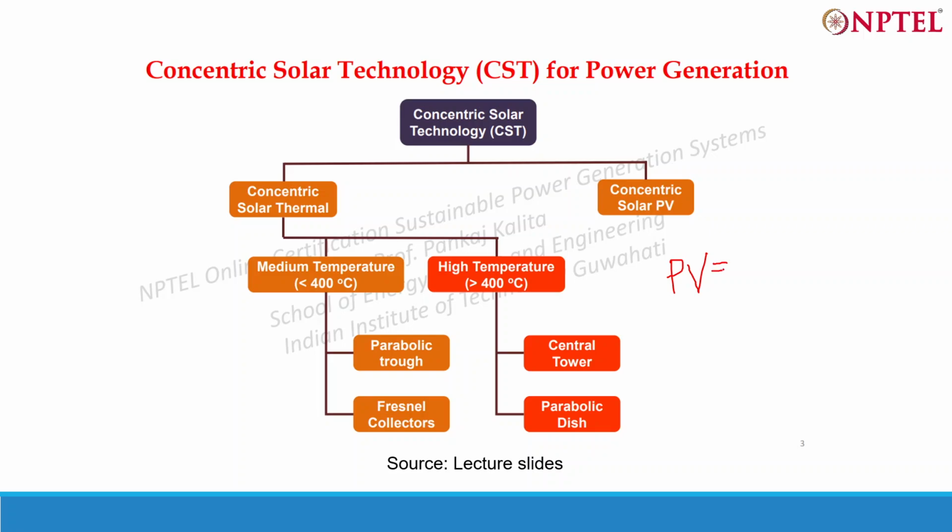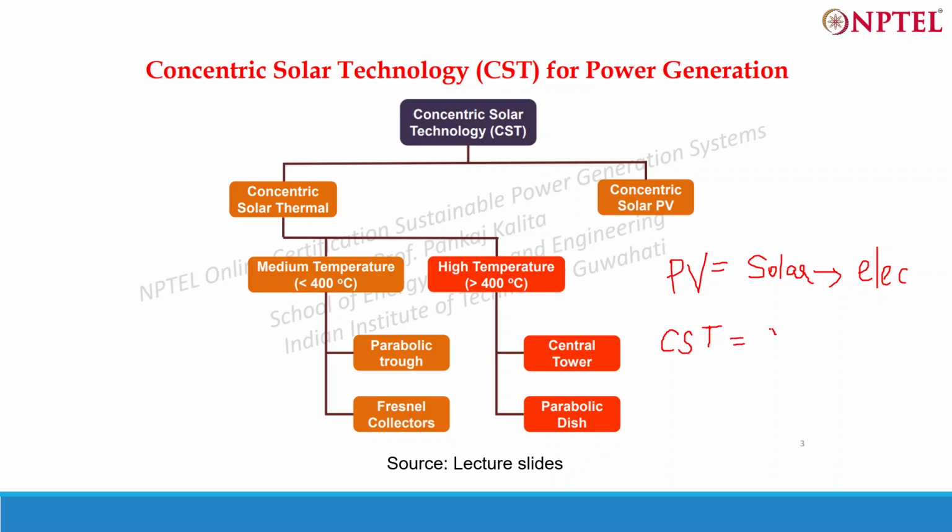PV, solar to electricity, and this is direct conversion, guys. Then we have CST, that is concentrated solar technologies.